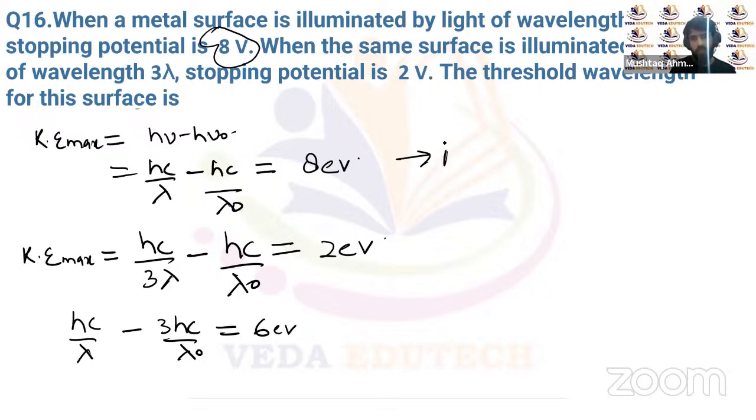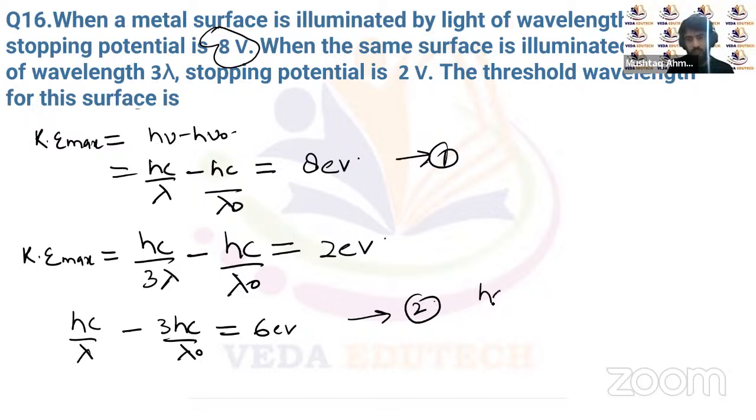So let's take this as equation 1 and this as equation 2. Now we'll subtract one from the other. Let's subtract the second from the first.